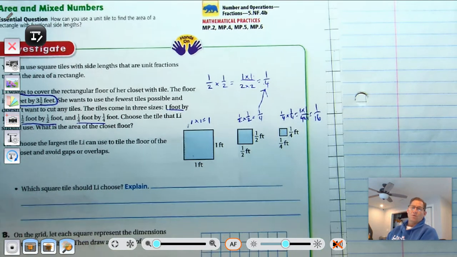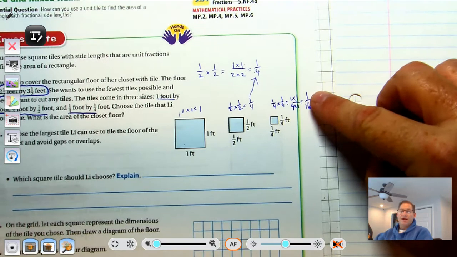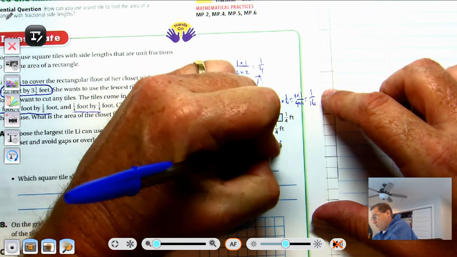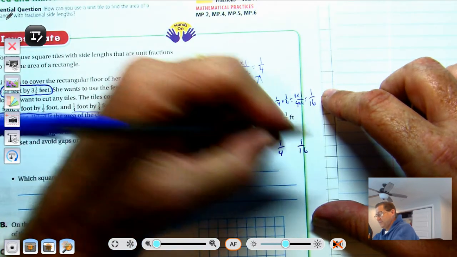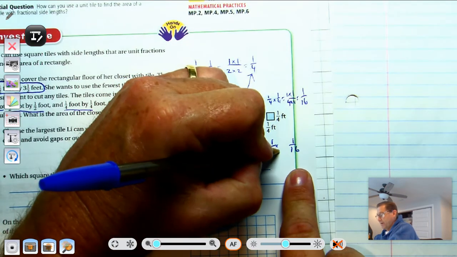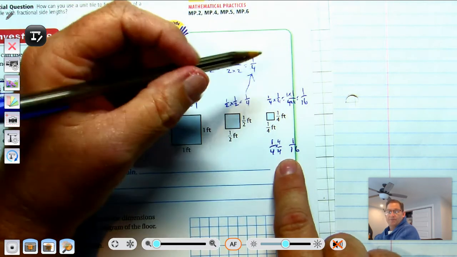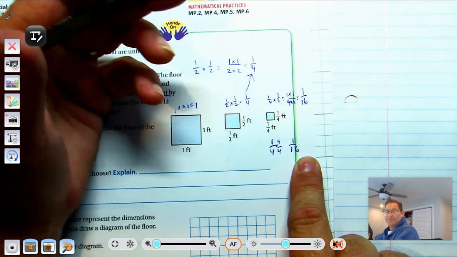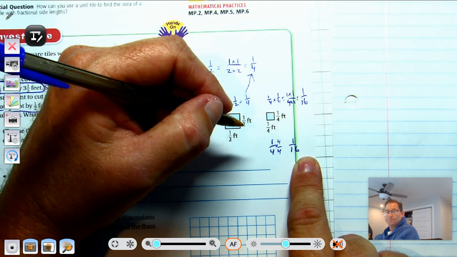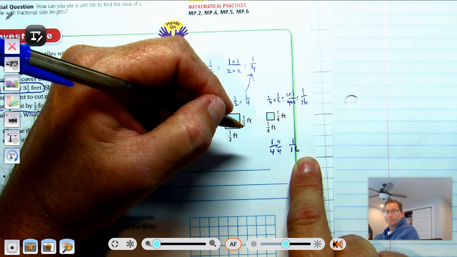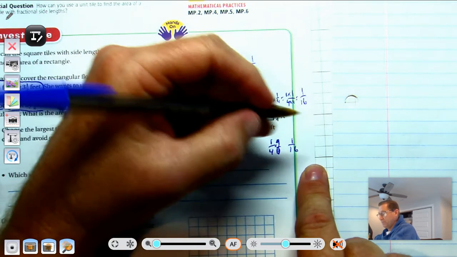Well, I could combine 1/16 to get 1/4, right? If we compare 1/4 to 1/16, what can I multiply the 4 by to get 16ths? I can multiply it by 4, right? I'm sorry, I misspoke there.